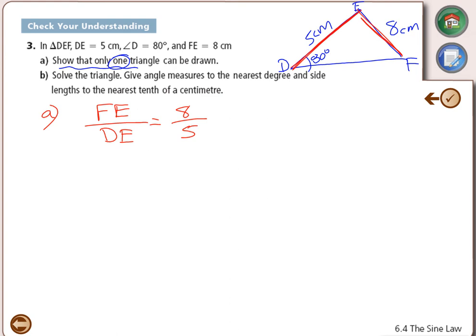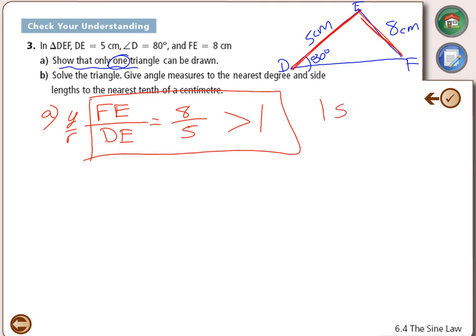Oh, look at that. That's greater than 1. So we need to look at the rule that says when FE over DE is greater than 1, or y over r as we discussed it, is greater than 1. Oh, that's only one possible triangle. One scalene triangle.